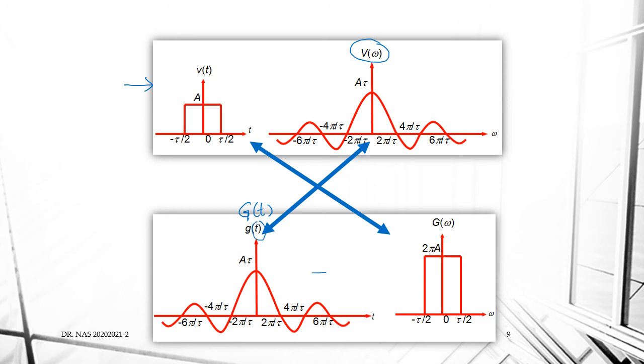So the Fourier transform of this function, you need to solve it using duality. It will produce G(omega), a rectangular function, but don't forget to multiply with 2 pi, and then the function A rectangular, and the t will become negative omega over tau.